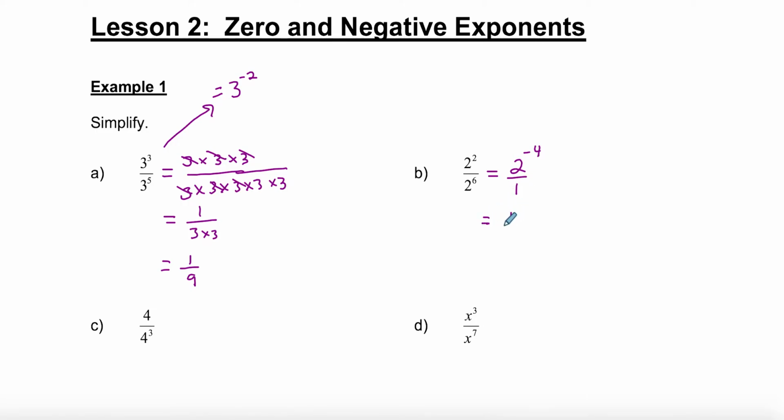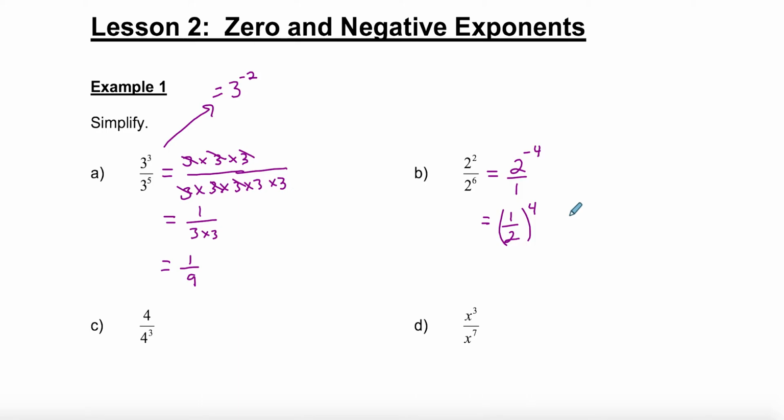So we flip it, and that fraction now has the exponent positive 4. For negative exponents, you use the reciprocal of the fraction, and if it's just a 2, you make it a fraction, 2 over 1. When I flip that upside down, I have 1 over 2, and now it's just to the exponent 4.